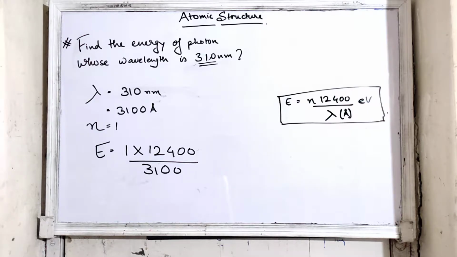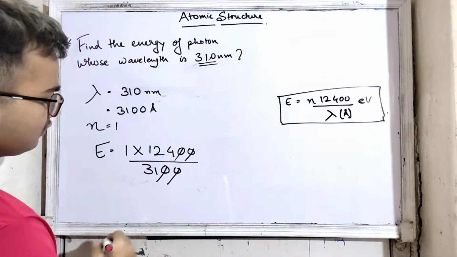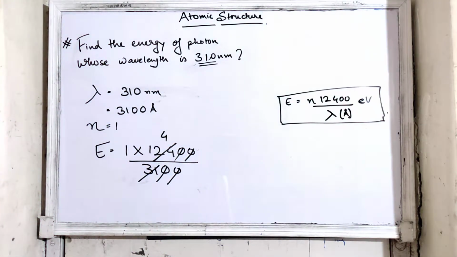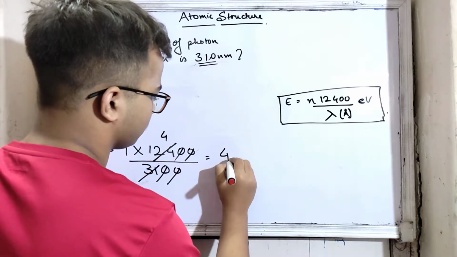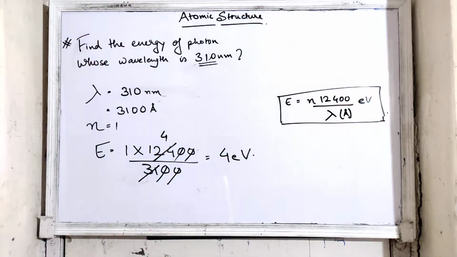So how much is this coming? With this I cancel out. Now see, 31 4s are 124. So the answer is coming 4 electron volt, right?